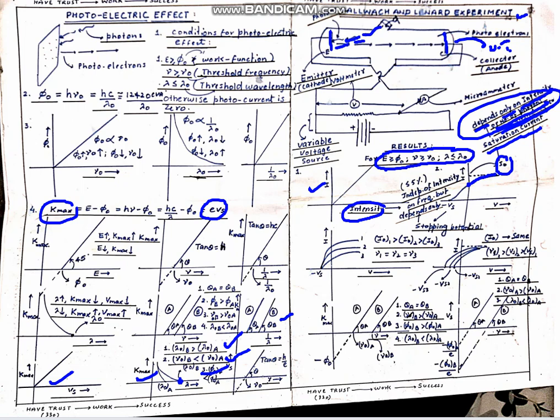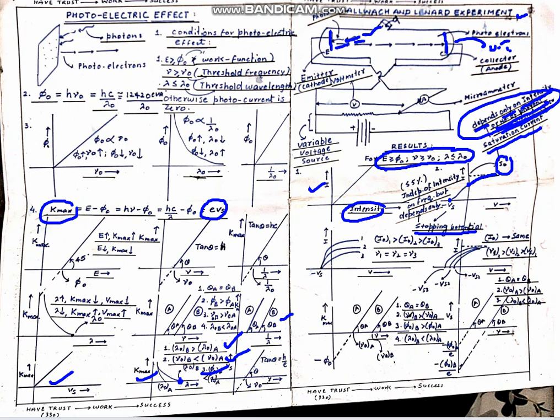Now if we reverse the voltage, then photocurrent decreases until it becomes zero at a certain negative voltage, which we call the stopping potential, which is independent of intensity but dependent on frequency. And in this case we assume that the change in frequency is within 5% error, because intensity in general is also dependent on frequency.